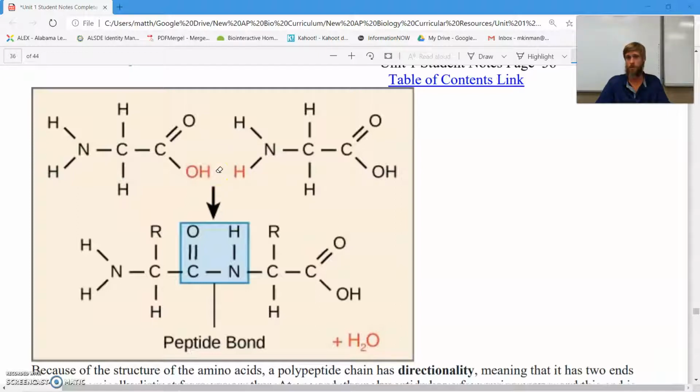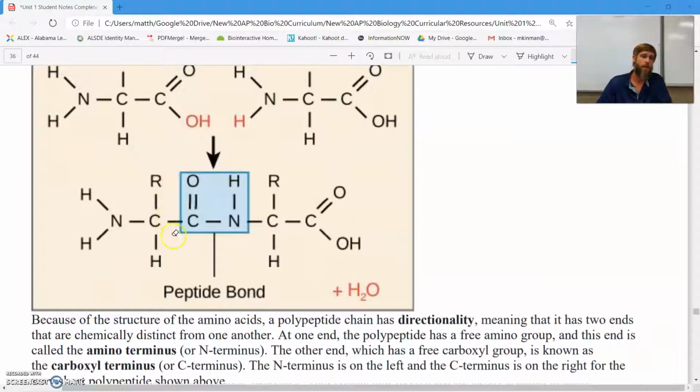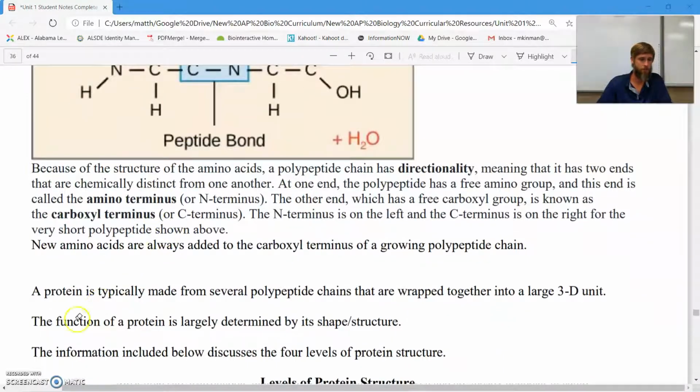Therefore, it is almost synonymous to say it is a proton, because it has one proton. So this amine group donates a hydrogen ion. This carboxyl group accepts the hydrogen ion or proton, and then forms this nice, strong peptide bond, which is a type of covalent bond. All right.